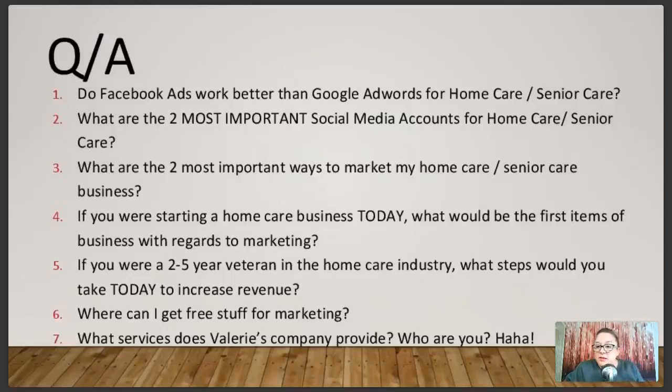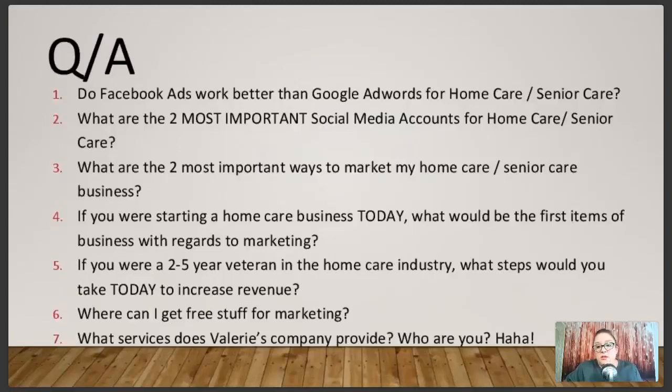Okay, let's see. Can you apply the same marketing concepts to developmental disability agencies? Yes, I believe you can, and especially if you are able to take Medicaid, you definitely have an advantage over some of these others. We do websites for everybody from pediatric all the way up to aging kind of home care services.